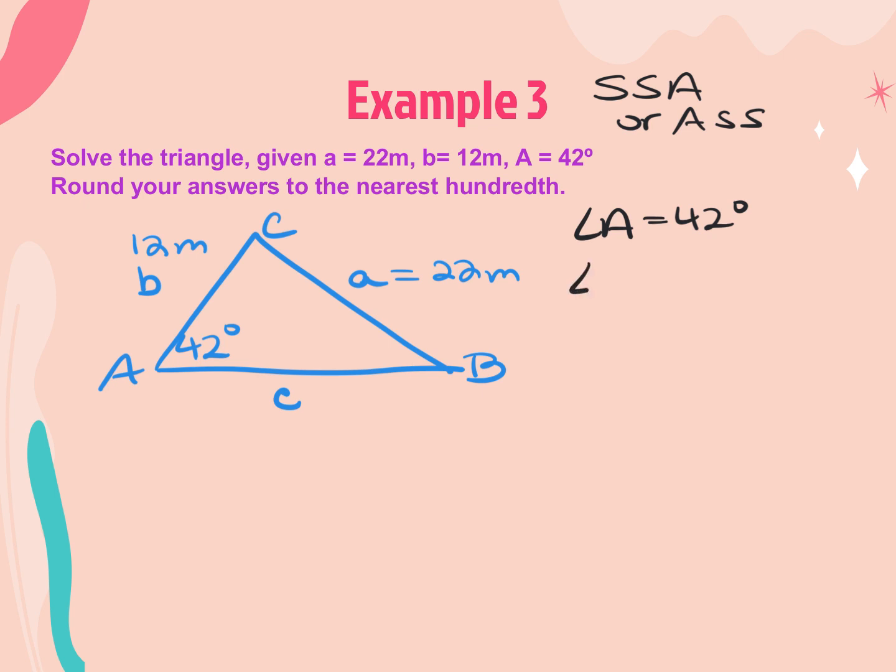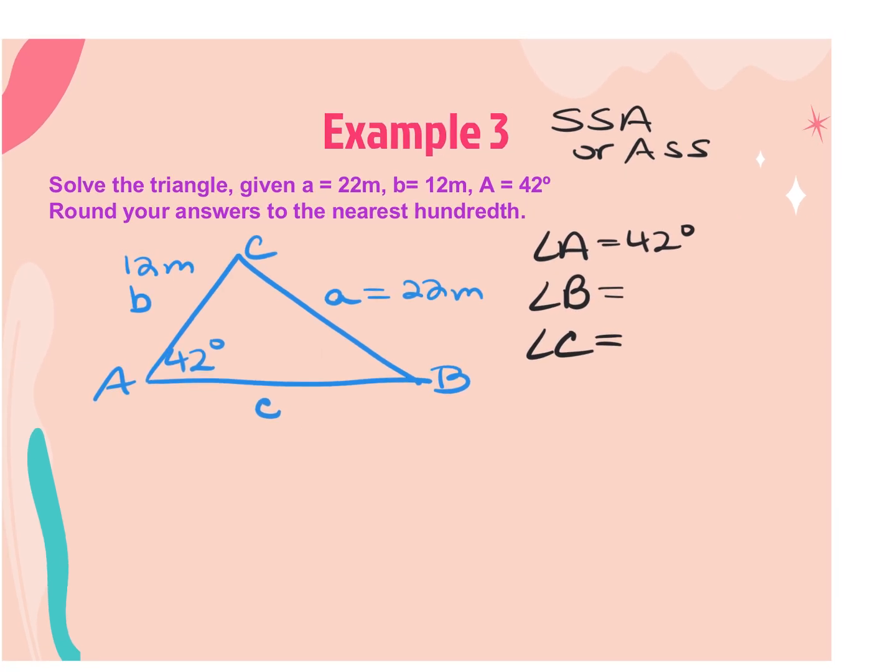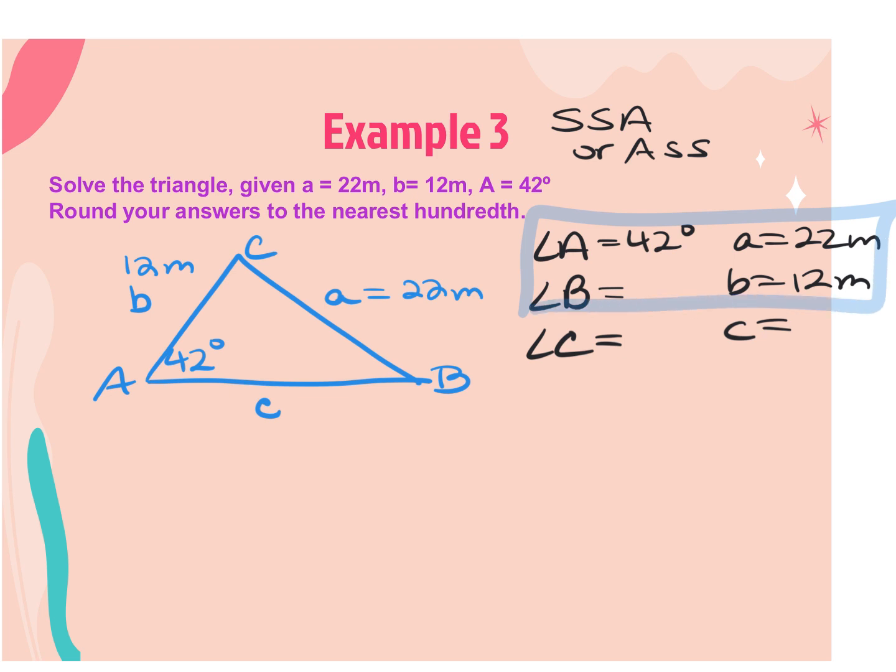So I have angle A, I don't have B, I don't have C, and what I have is side A, side B, I don't have side C. So that's what I'm going to look for first. So what I'm going to do first is I'm going to use this given information.